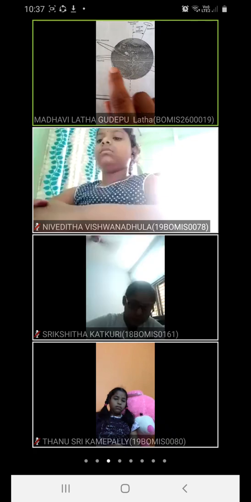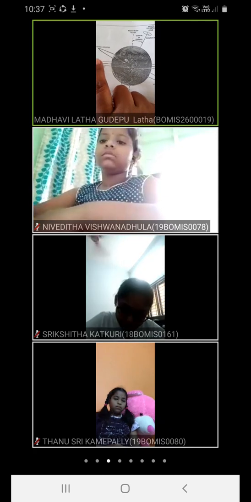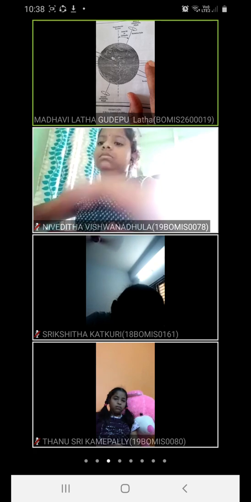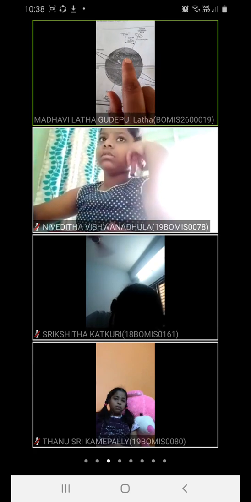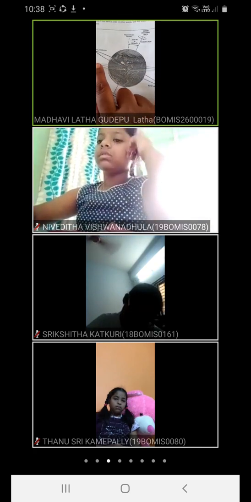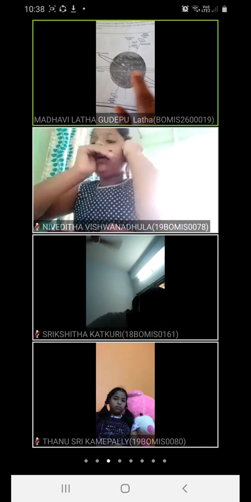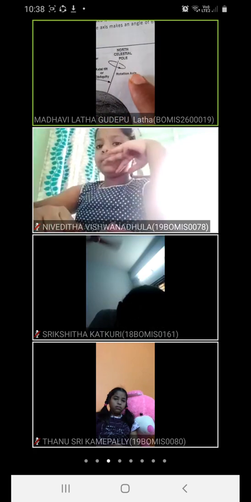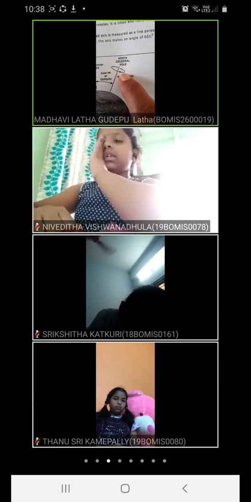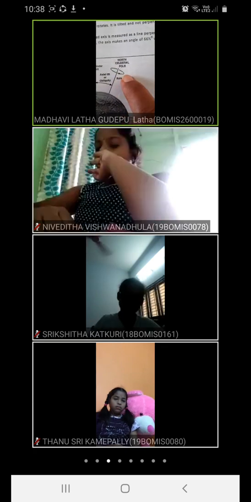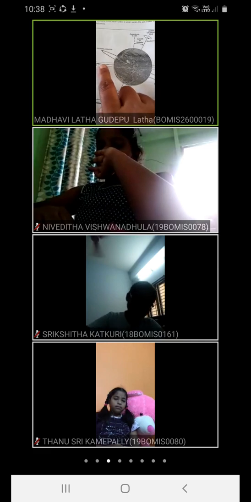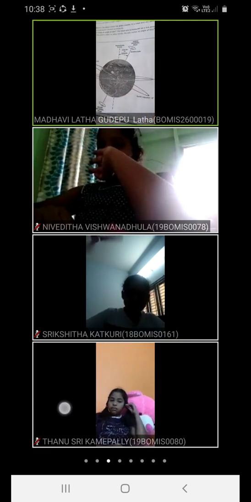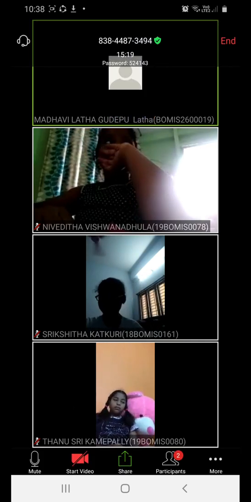And children, one more thing I want to tell you, this is the west direction and this is the east direction. Earth always rotates from west to east. In this direction the earth rotates. So here you can see the rotation of the earth from west to east, where the arrow mark is showing.